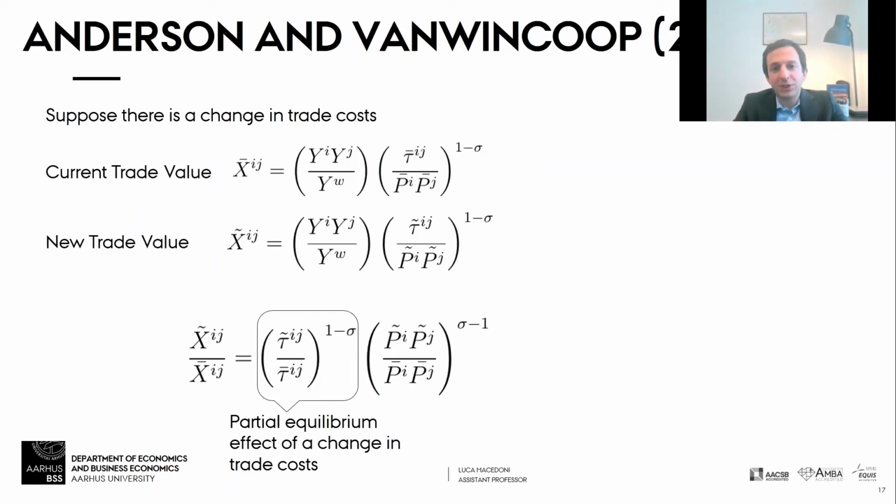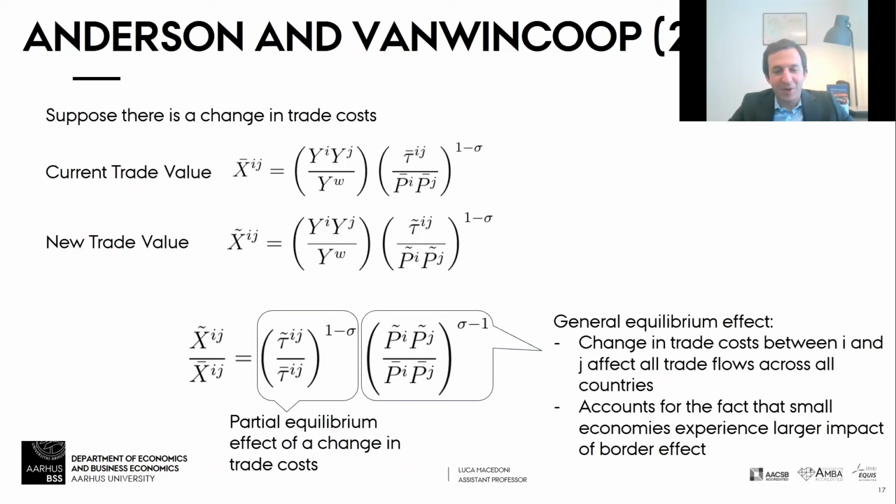But if you want to study how a change in trade cost affects total trade flows, you also need the general equilibrium effects, which are captured by the price indices again. Okay? And now, this, for instance, accounts for the fact small economies are going to experience larger border effects for the reasons we showed above, right, with the simple example before.